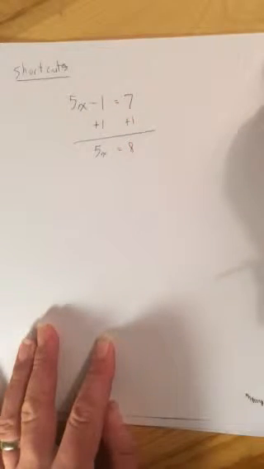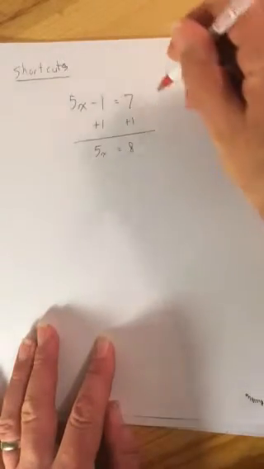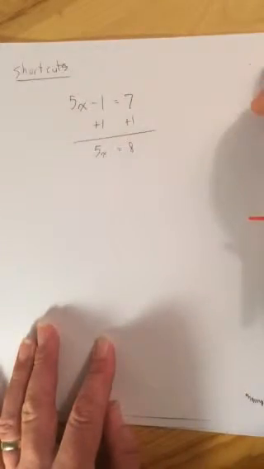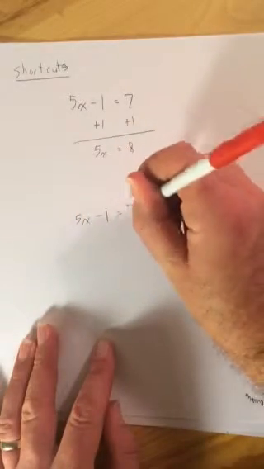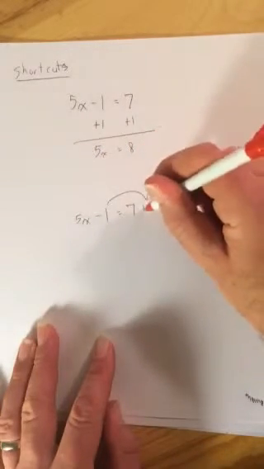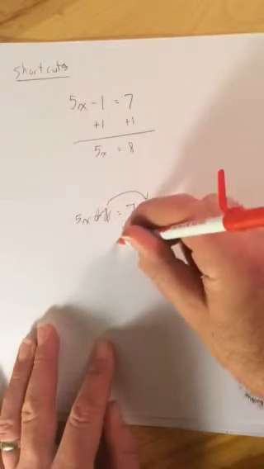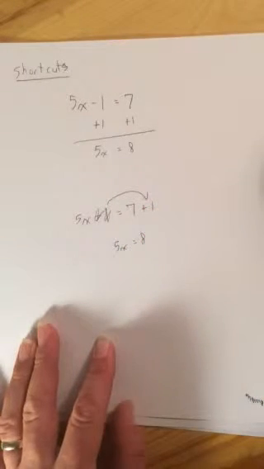Now, the shortcut for that is just move it to the other side of the equation and reverse the sign. That's what's happening, right? So if I've got 5x minus 1 equal to 7, if I just move this 1 over here, what I've got is 5x equal to 8. If you can make that happen faster, that'll make each problem go a little bit faster.